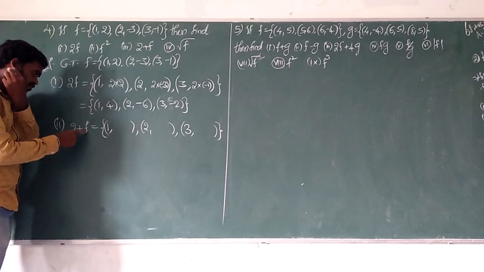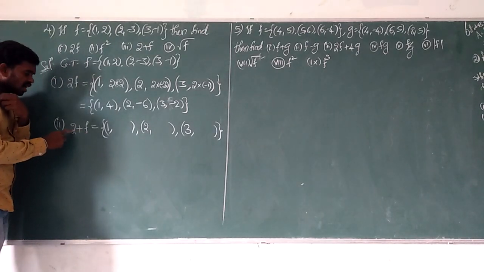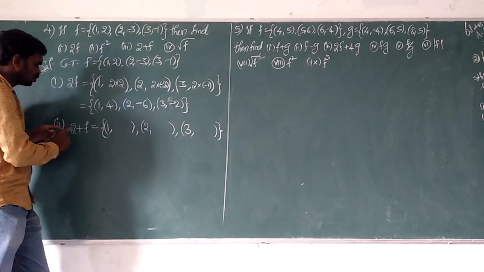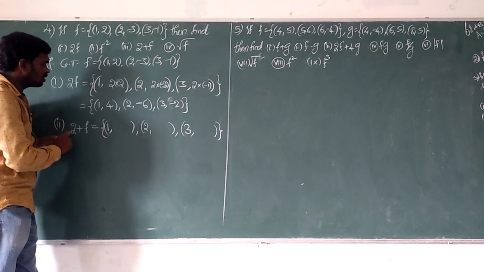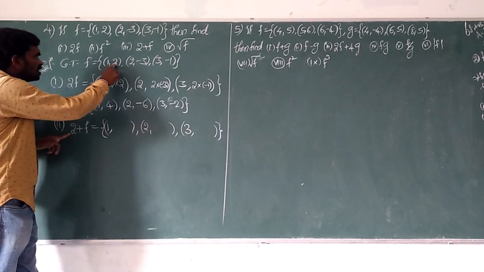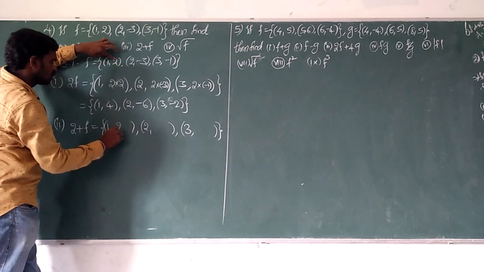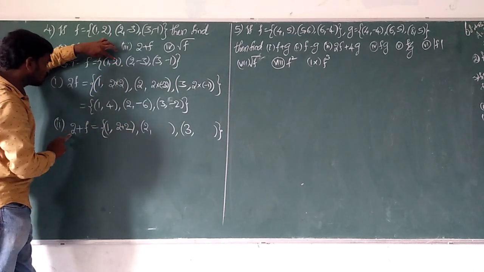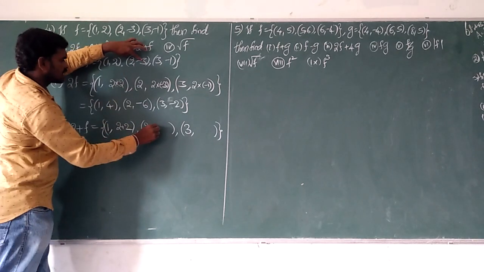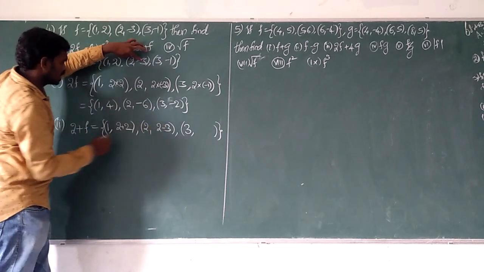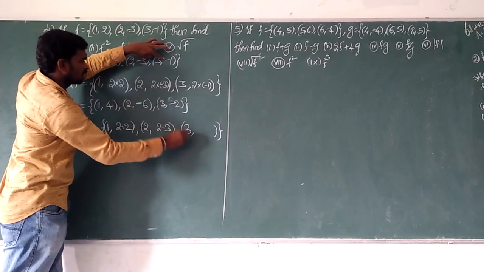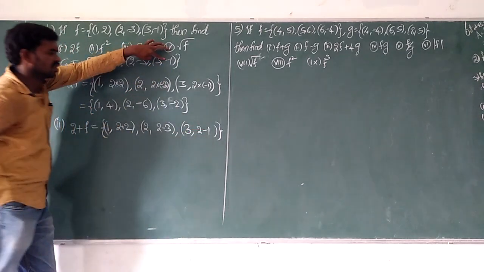Okay? To f, we have to add plus 2. So how can we add? What is the image here? 2. So 2 plus 2. Next 2 plus minus 3, so it becomes 2 minus 3. Next 2 plus minus 1, becomes 2 minus 1.